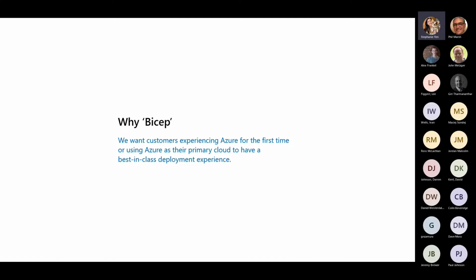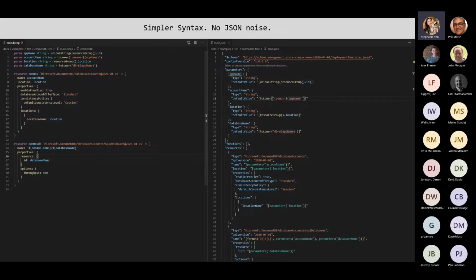It's a large customer base using ARM templates, despite how difficult it can be to author them, if you guys already know, but it's a very powerful and effective tool. So we wanted to take away a lot of the pain that comes with writing and developing ARM templates and turn it into a simpler authoring experience, hence Bicep. We want the existing experience to be better for current users and make the ramp up for new users a lot easier as well.